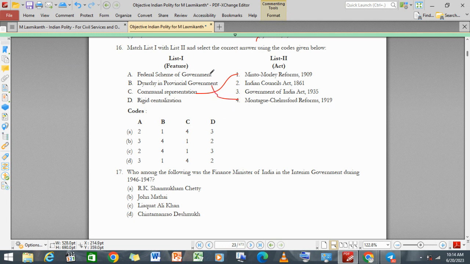And the federal scheme of government came in the Government of India Act of 1935. Remember, rigid centralization came in the Act of 1861. We have to remember it. So hence the answer is B.